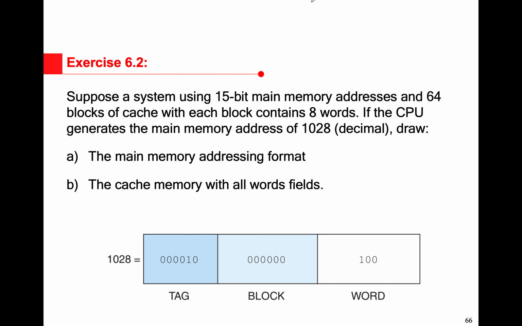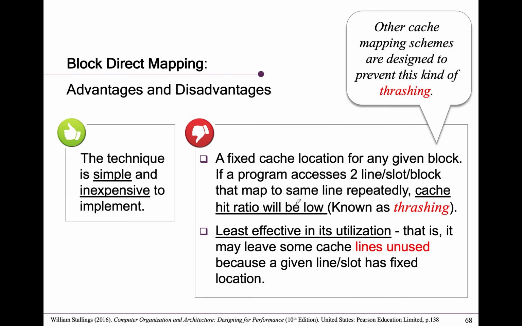So please try to do exercise 6.2. Is it okay or not, and how will it come out? First is the main memory address format, and second is cache memory with all word fields. Before we end this block direct mapping technique, you need to see the advantages and disadvantages of block direct mapping.